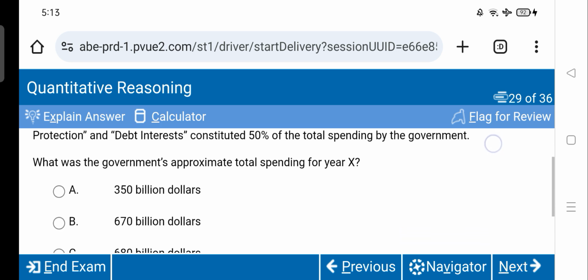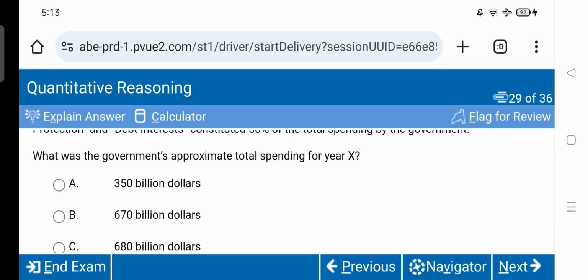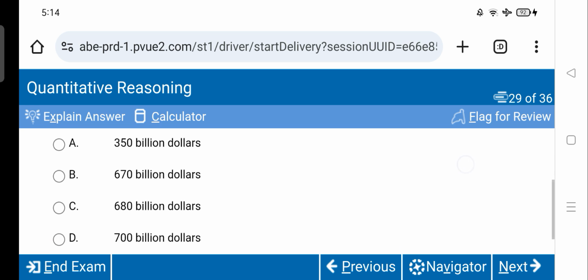And the question is, what was the government's approximate total spending for year X? Option A, $350 billion. Option B, $670 billion.